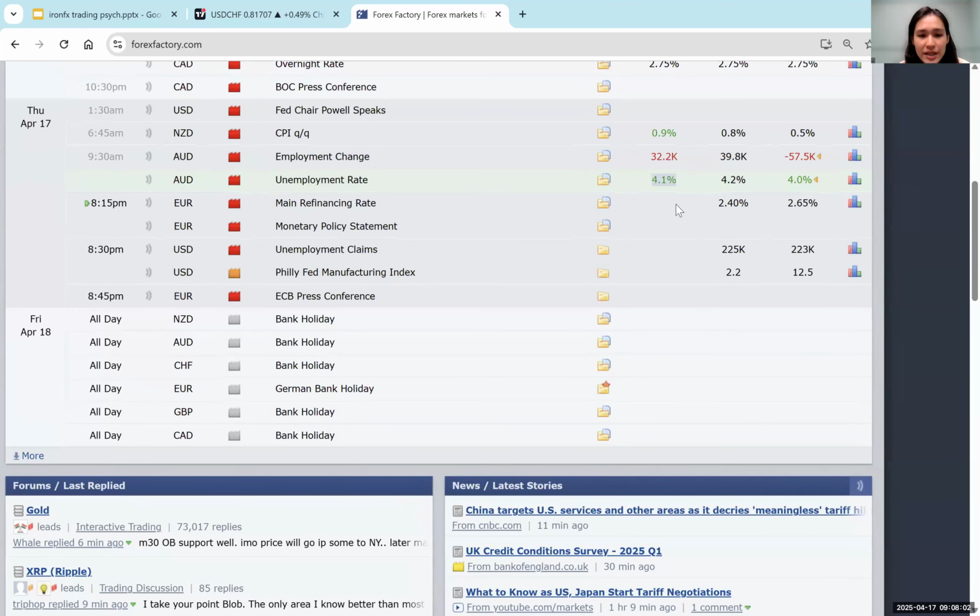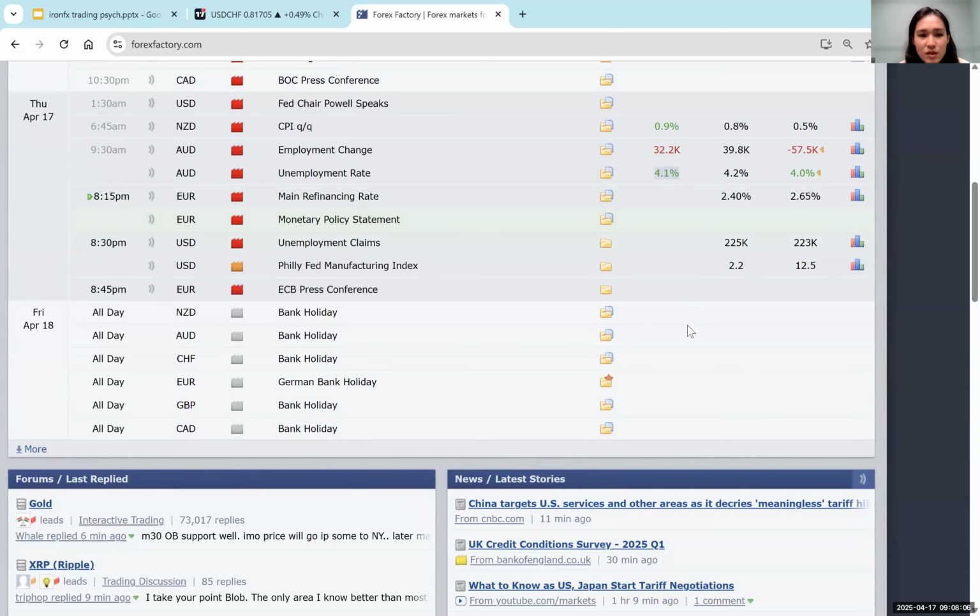Euro's main refinancing rate and monetary policy statement, all these are coming out today, along with unemployment claims, Philly Fed Manufacturing Index, and Euro's ECB press conference. And lastly, on Friday, tomorrow is Good Friday, so these are all bank holidays.